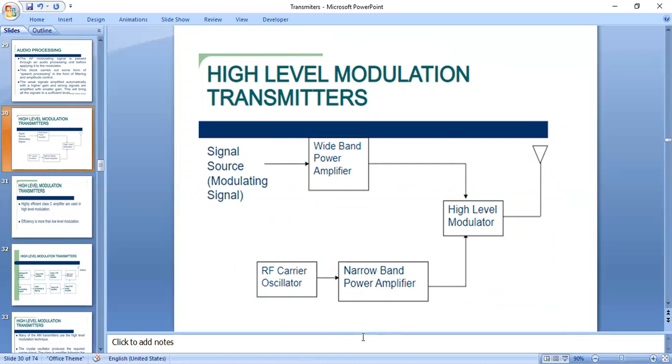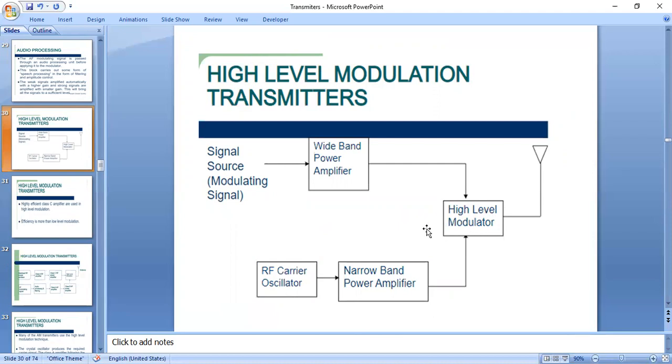So you will get the modulated signal, which will be a power amplified modulated signal. After that it will be given as input to the transmitting antenna. So here the modulation takes place near the transmitting antenna, and also at high power level.